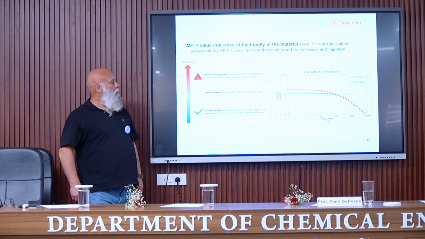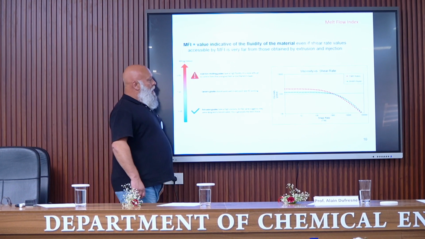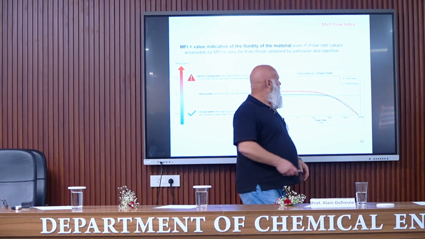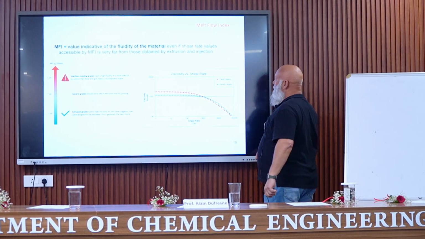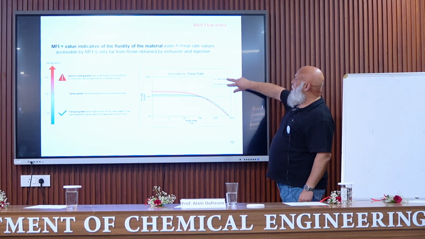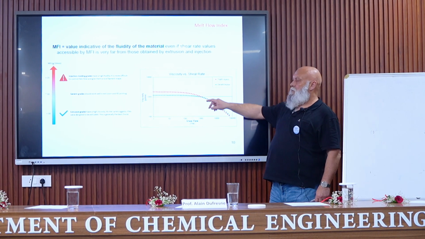So the problem is that you have one example here, this is for a nylon, two nylons with different melt flow index values. And you can see the complete behavior over a broad range of shear rate. It's a different behavior.